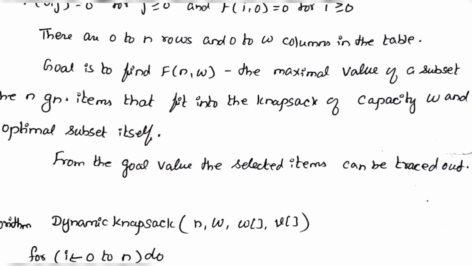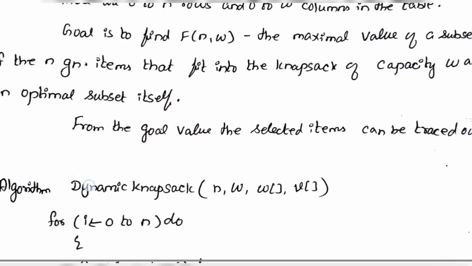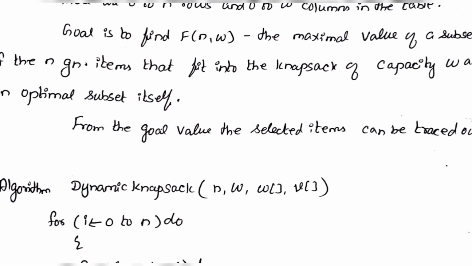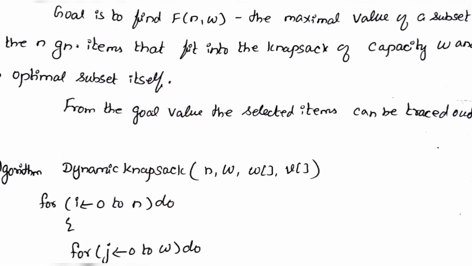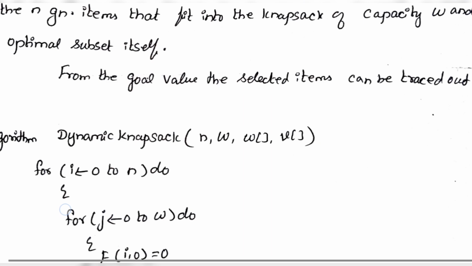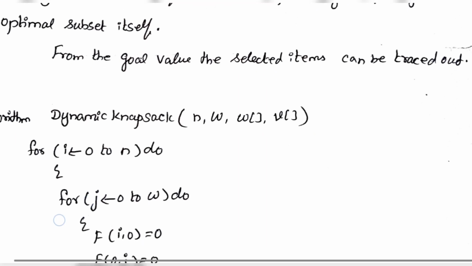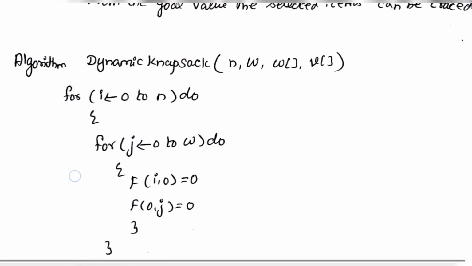Now our goal is to find F of n, W, the maximum value of the subset of the given items that fit into the knapsack of capacity W, where W is the maximum capacity, and an optimal subset itself. From the goal value, the selected items can be traced out.